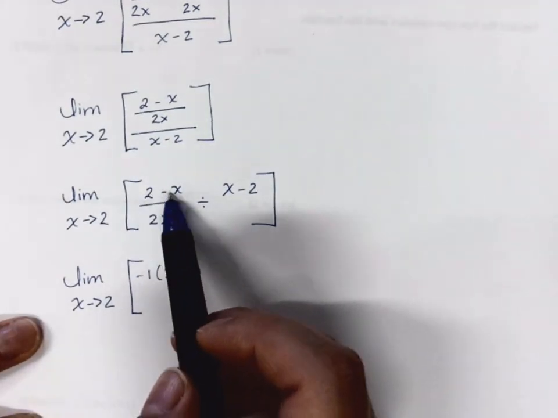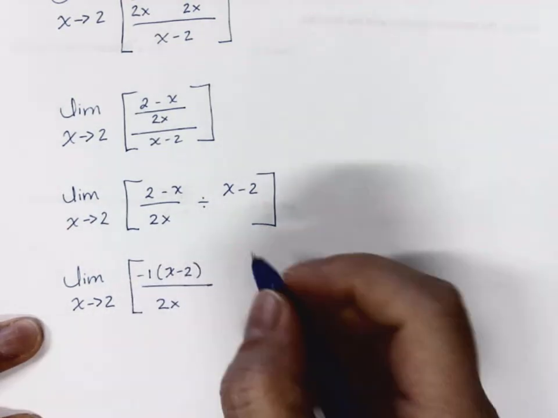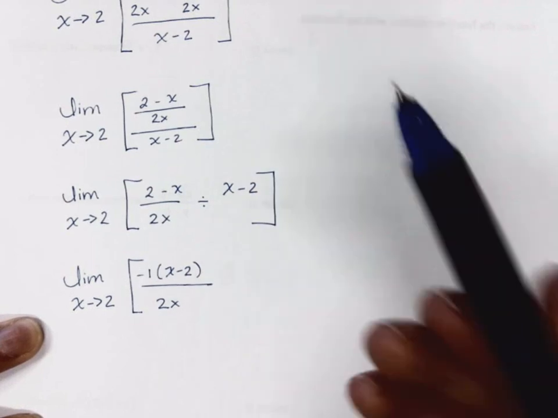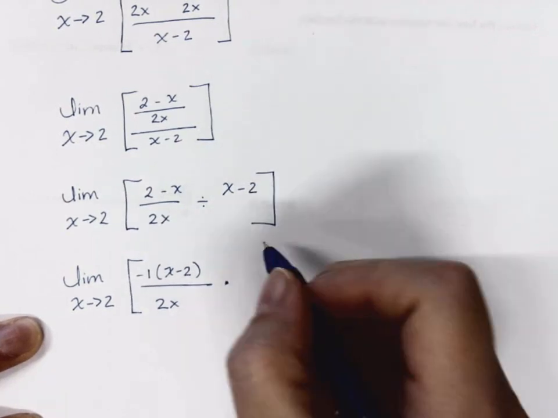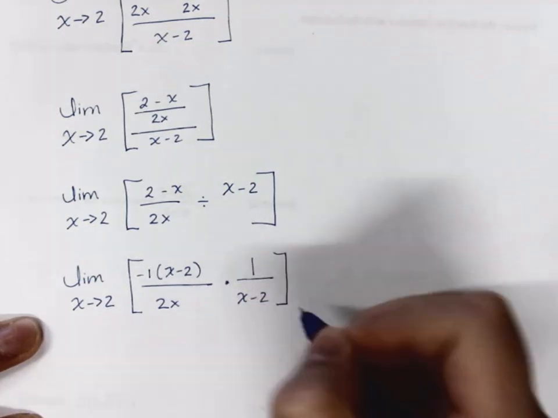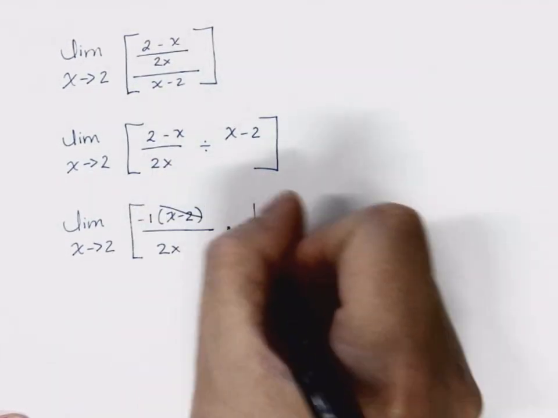Because this would be a -2 and a positive x. And I'm going to change this to a multiply, and multiply by the reciprocal. So I'm doing a couple of math steps, nothing too crazy. So now I can go ahead and cancel stuff out.